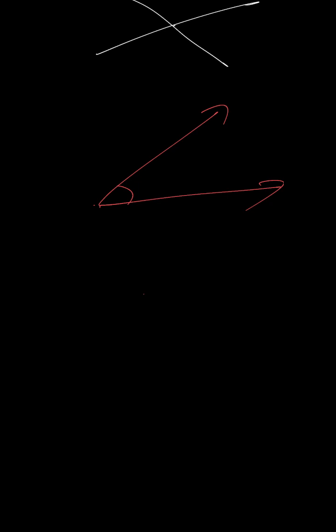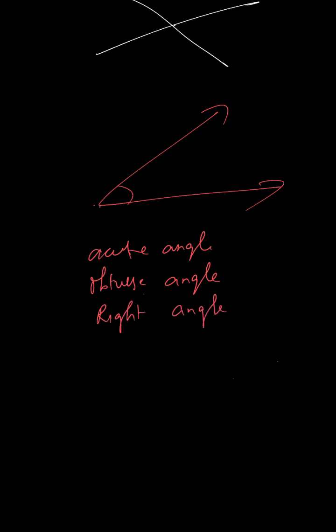Next we are going to see the types of angle: acute angle, obtuse angle, right angle and straight angle. An angle less than 90 degrees, that is below 90 degrees, is called an acute angle.